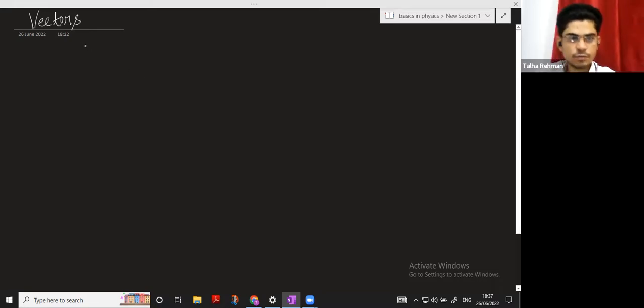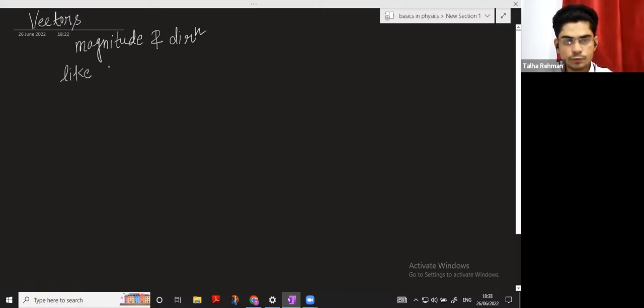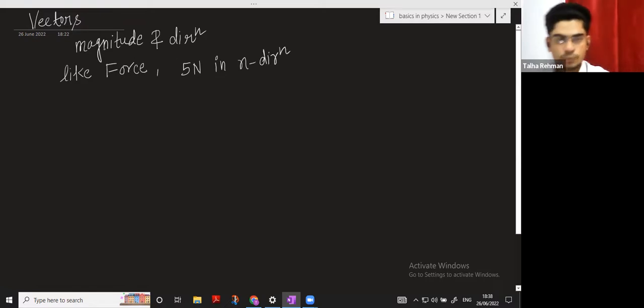A vector is a quantity which has magnitude and direction, like force. I can say 5 Newton in x direction. So a vector has magnitude and direction, and an example of a vector is force.